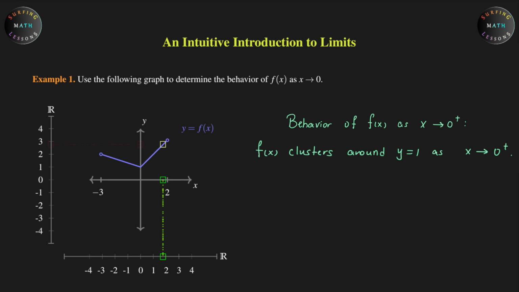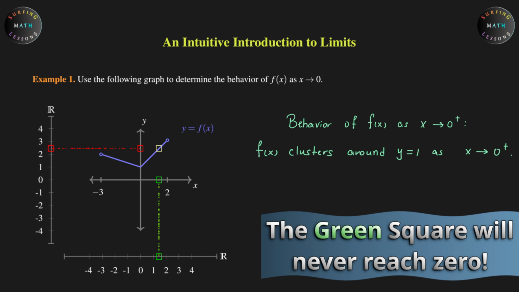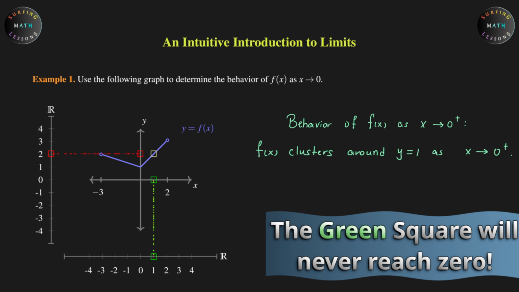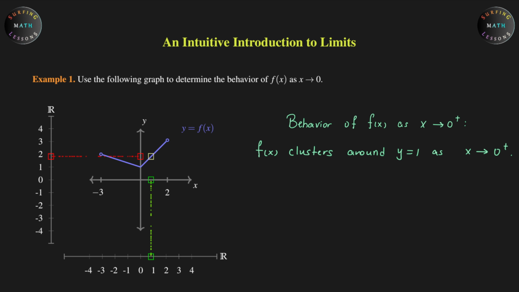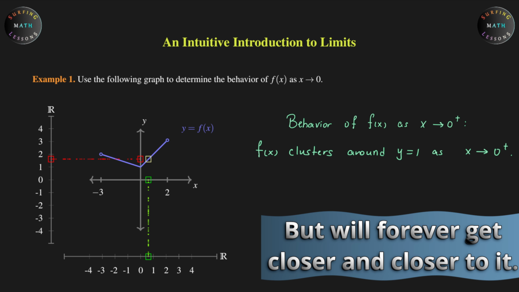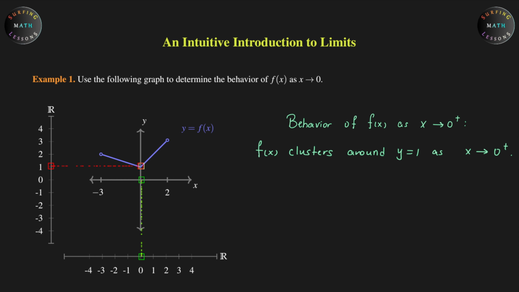By looking at the values of the y-coordinates of this yellow square, we then generate a tracking of the behavior of the function represented by the red square. As the green square moves towards 0, the other two squares move in accordance with this movement in the graph of the function. The end result is that f of x clusters around 1 as x approaches 0 from the right.